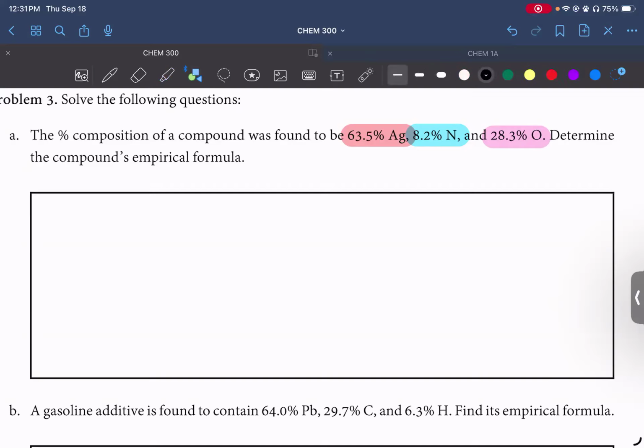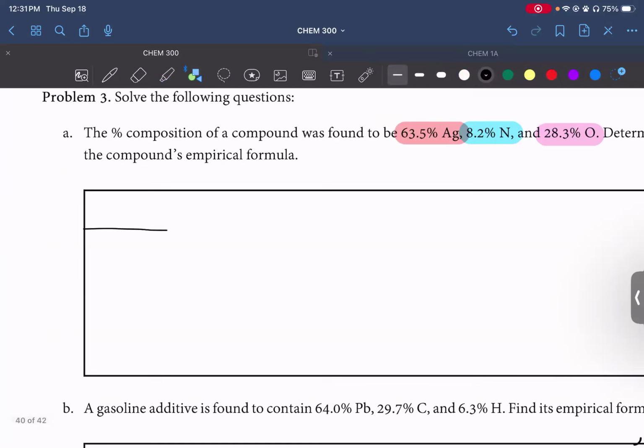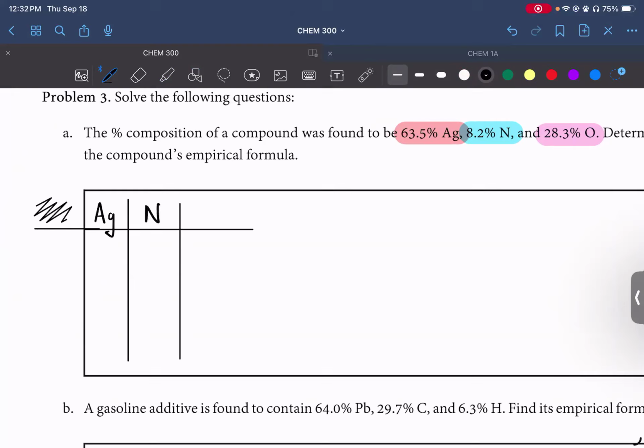As I said, we're going to draw that table. The atoms in question are silver, nitrogen, and oxygen. The very first part is the percentage, which is from the question. Silver is 63.5.